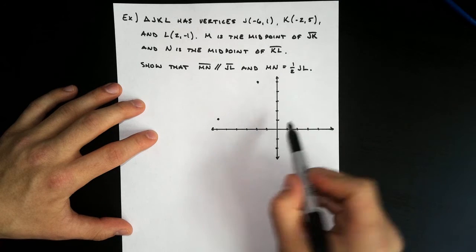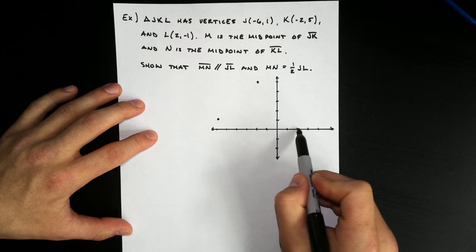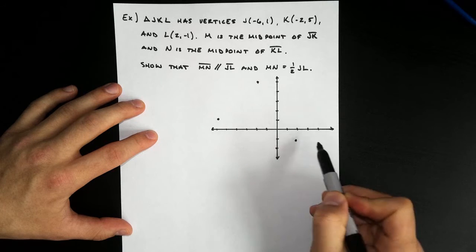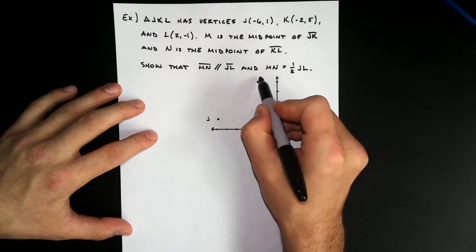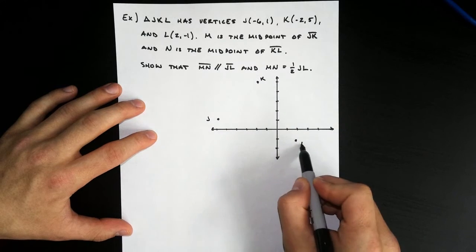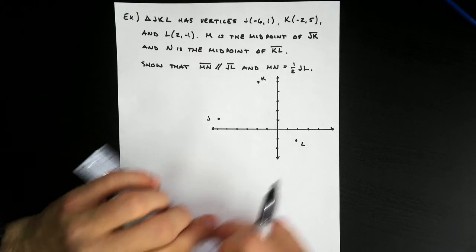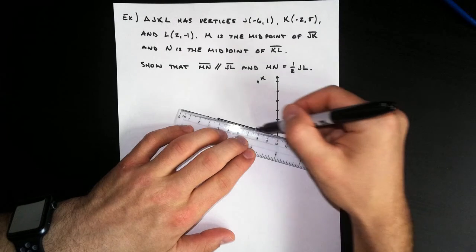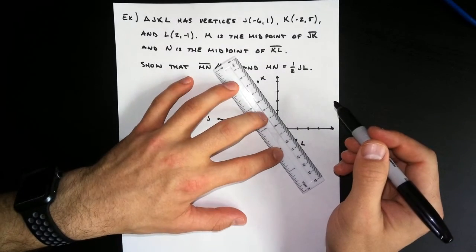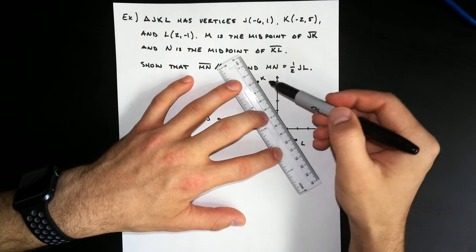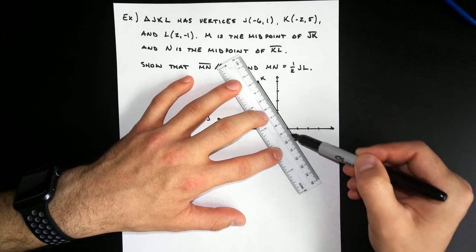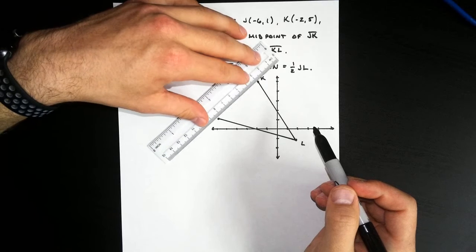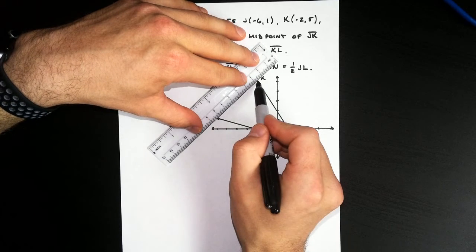And then last one, 2, -1 for L. 1, 2, down 1. So J, K, and L. So here's our triangle.